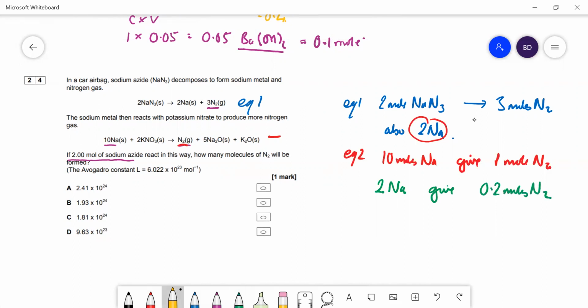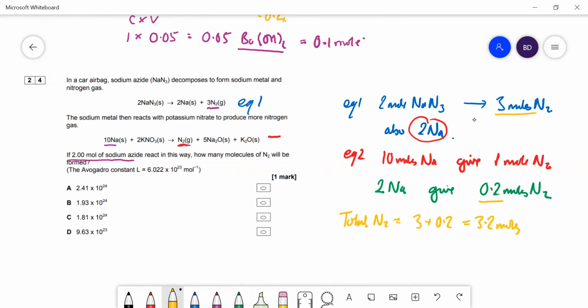So we can say the total moles of N2 is going to be equal to 3 there plus 0.2 there, which gives us 3.2 moles.